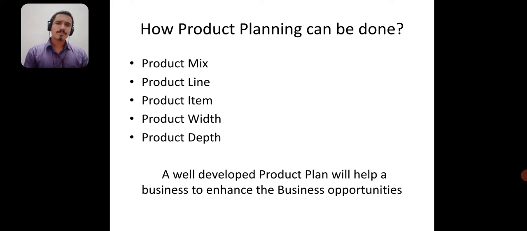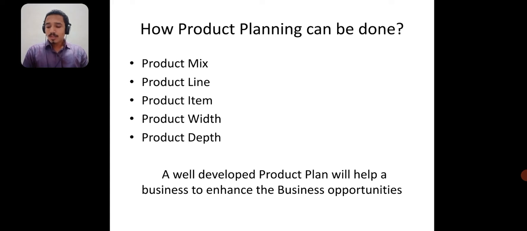Say for example, if we are selling a product line of toothpaste, in that a particular item, whether it is a particular size or a particular brand, say Colgate, is it 100 grams, is it 200 grams, is it 250 grams, right? What type, what brand, what size, all those things.